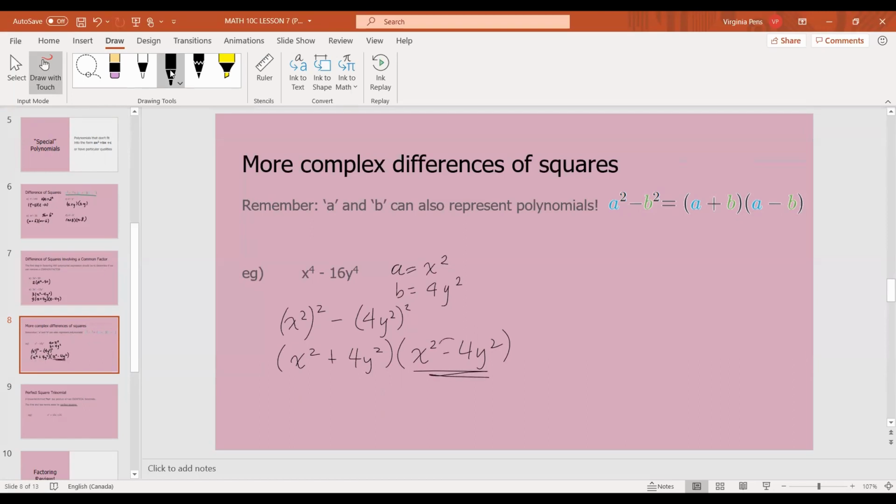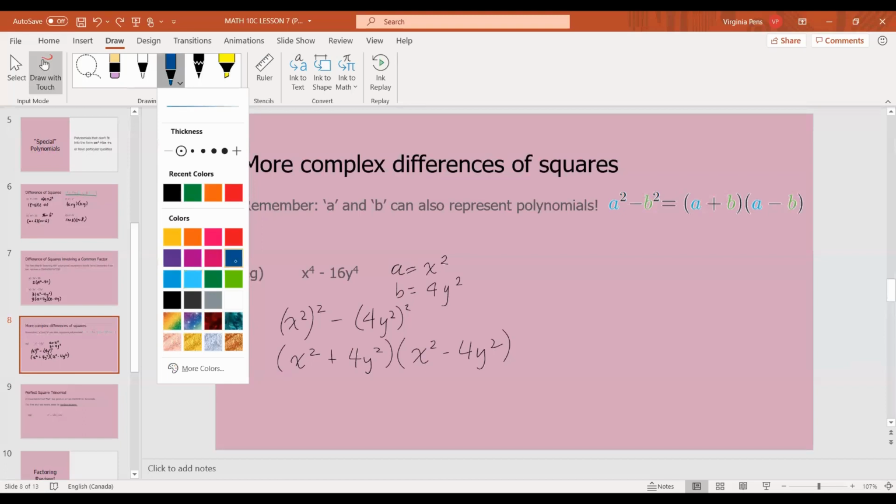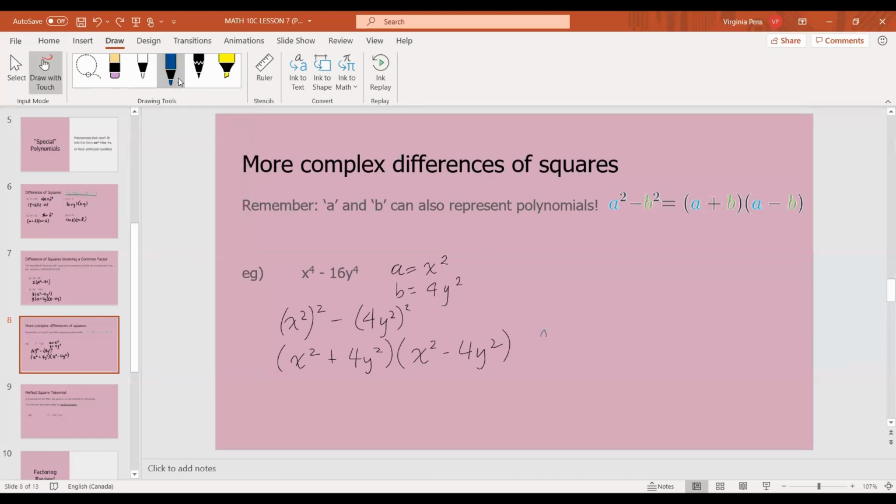But this term has a negative sign, which means this can also be a difference of squares. It does have a square. In this case, over here, let me change colors so it will make it look a bit neater. In this case, A has been replaced with x and B with 2y. Sorry, not 4y, 2y. 2 squared is 4.